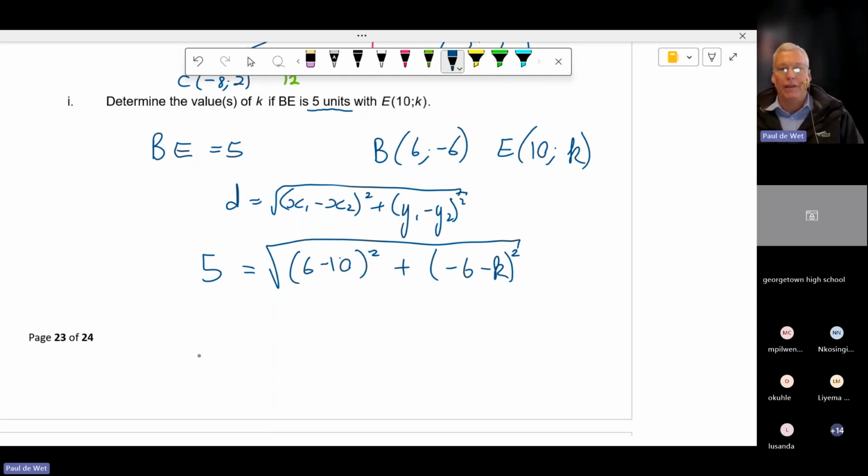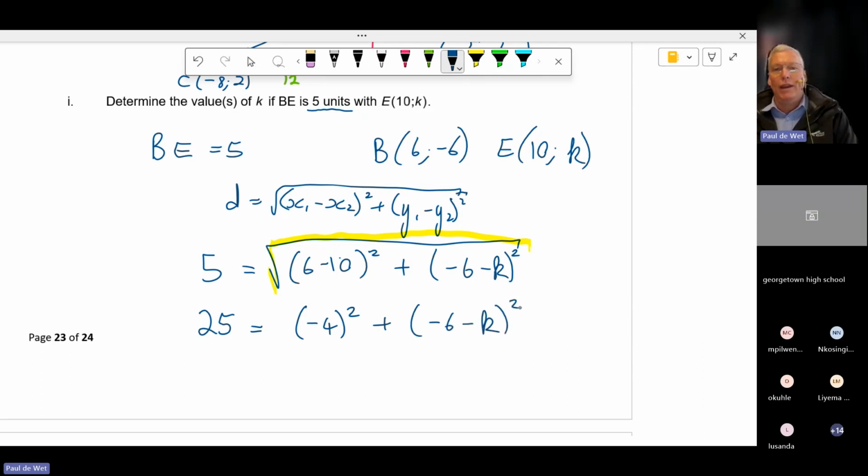Just one, just k. Who can tell me what I could do to both sides to get rid of the square root? I could square both sides. If I square both sides, this becomes 25 and the square root sign goes away. So I've got (6 minus 10), which is minus 4, squared, and here I've got (minus 6 minus k) squared. It's looking better because the square root sign's gone.